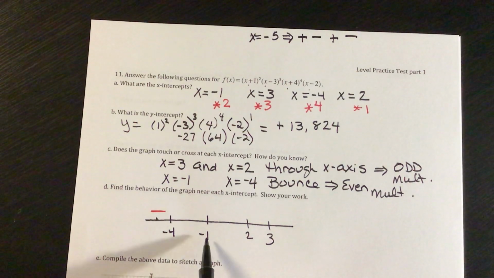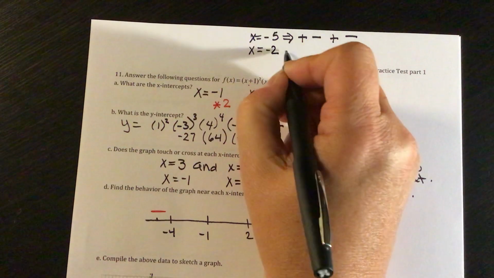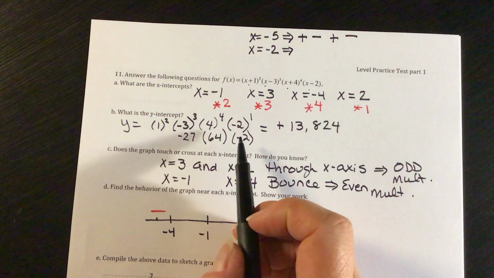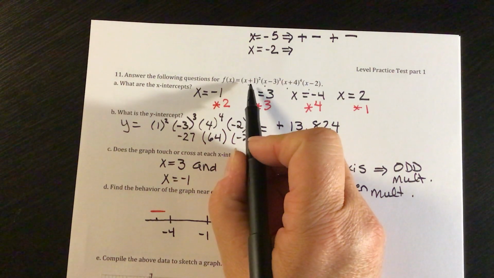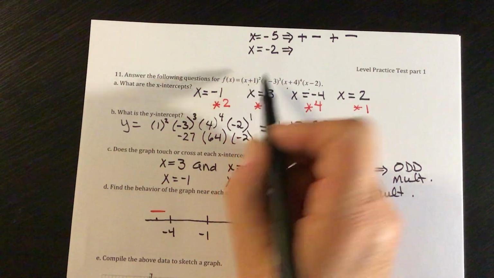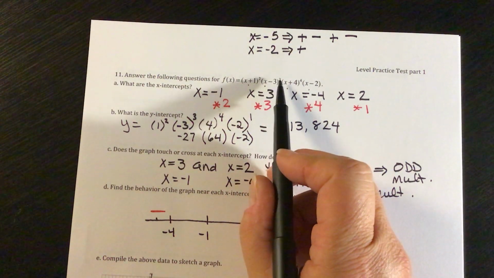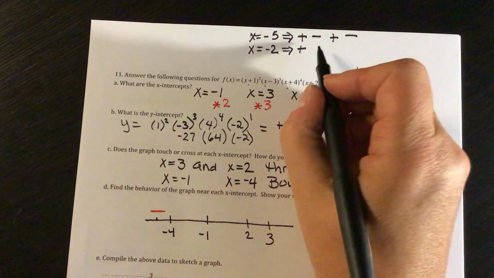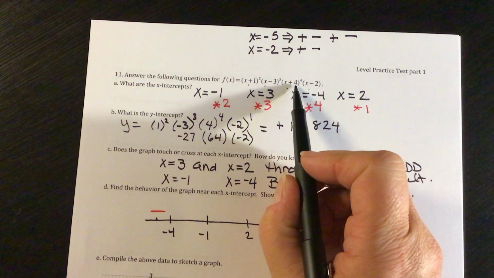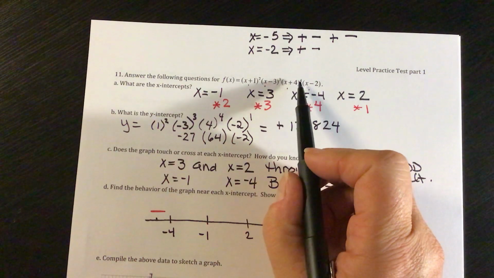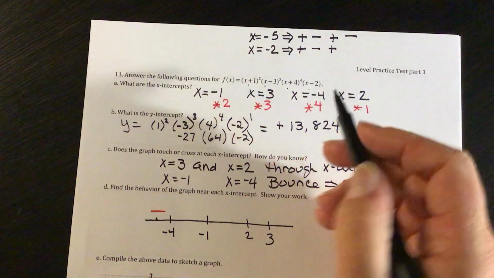Something between -1 and -4, let's try -2. Again, we're just looking for the sign values. -2 plus 1 is negative, squared, I get a positive. -2 minus 3 is negative, and a negative to the third power is negative. -2 plus 4 is +2, and to the fourth power, a positive is still positive.